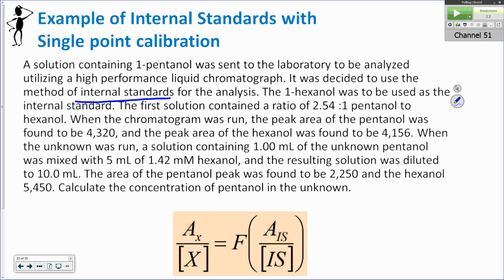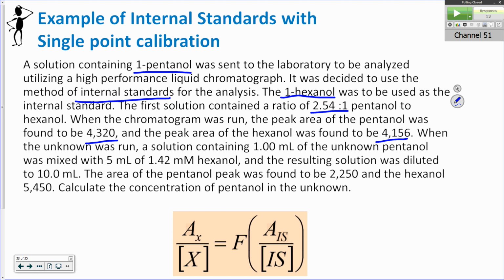It tells me it's analyzed with the method of internal standards. We're analyzing for 1-pentanol, and 1-hexanol was used as the internal standard. It says first there was a solution analyzed with a ratio of pentanol to hexanol of 2.54 to 1.